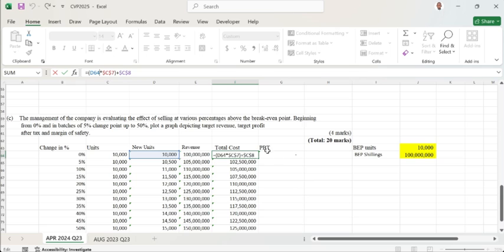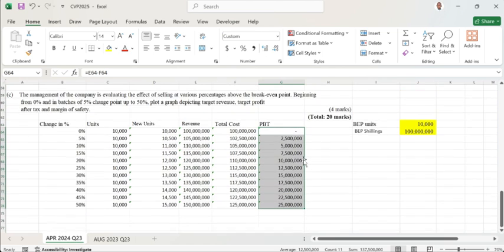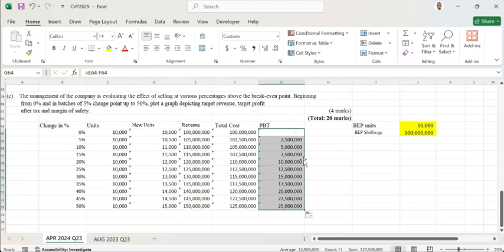But sasa hii 5,000 istahili kumove. So we lock it. Then we close the bracket plus 50,000, which is the fixed cost. So also it should not move. Okay, imekubali. Iko sawa? Fantastic.